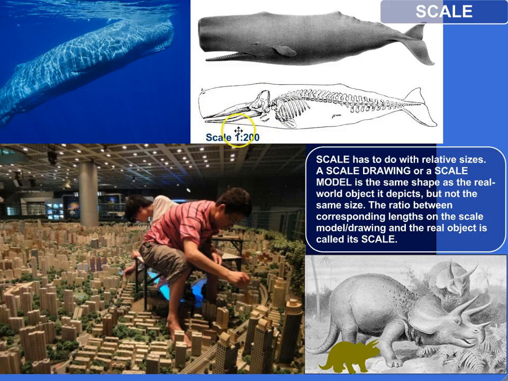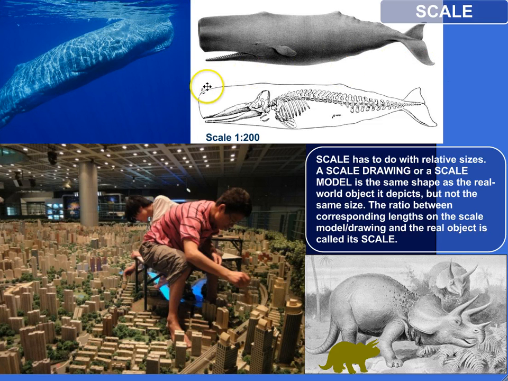So the scale here is 1 to 200, which means that, for example, let's call this the face. It doesn't really have a face, but the front of the whale. The length of this, whatever it is, I don't know, 10 feet, is 1/200th the length of the real thing here.